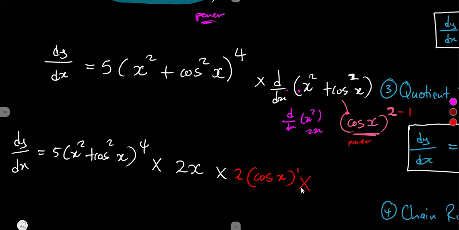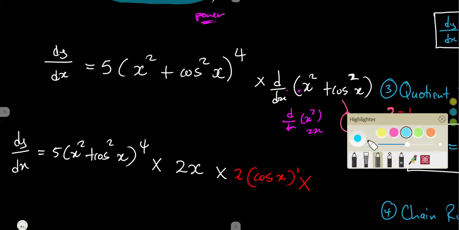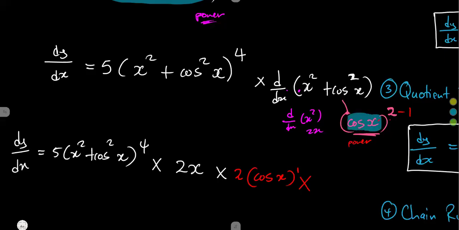Times the derivative of what is in this one. Just like what we've been doing here, we're focusing on the bracket. Then when we wanted to differentiate the bracket, we've observed it is following the same thing. So we have to apply that again. So the power is done. What is next? What is inside the bracket? Just like our previous case, here it's cos.